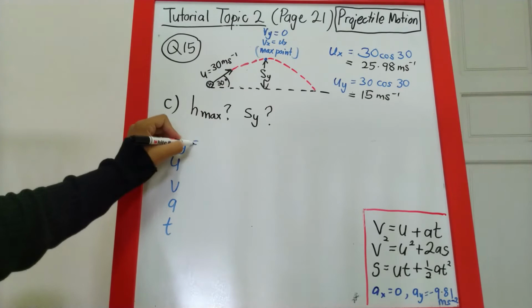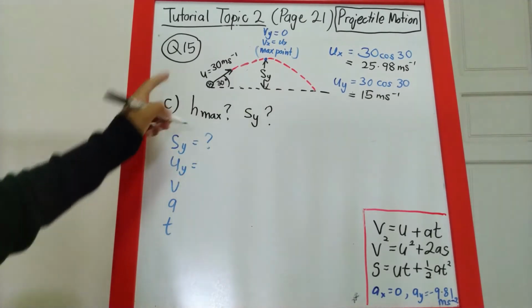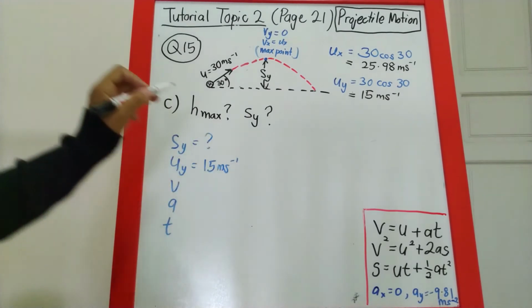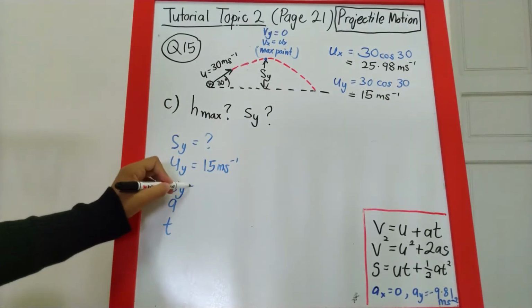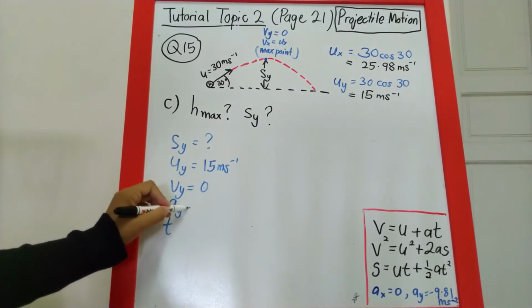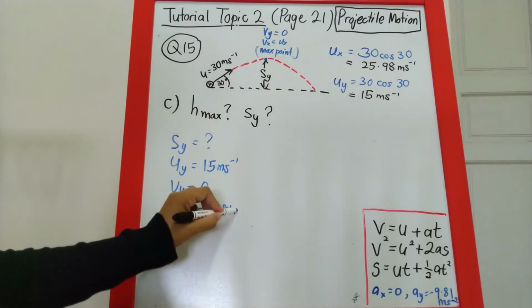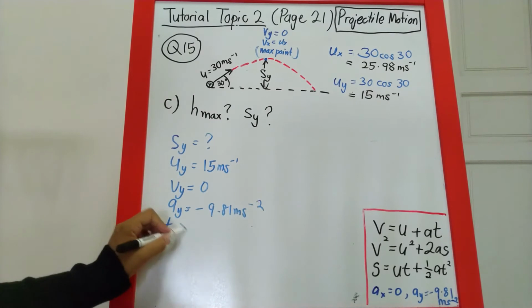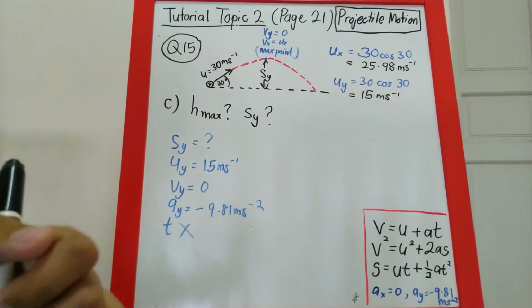So let's do SUVAT analysis. Sy is what we're going to find, Uy is there, Vy is 0, Ay is equal to this. Time, we don't have any information regarding that.